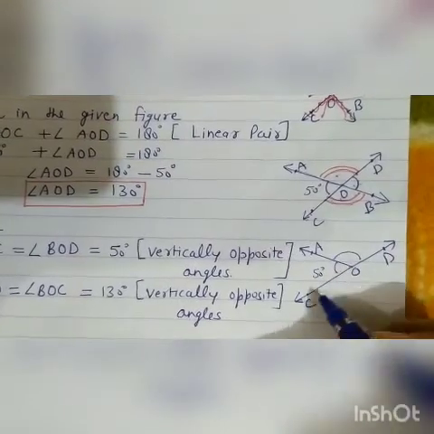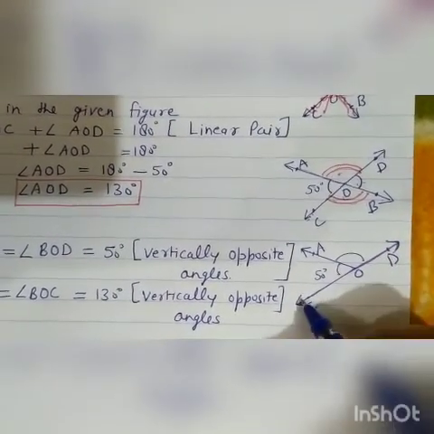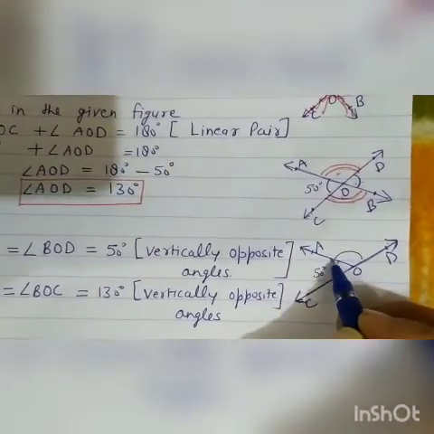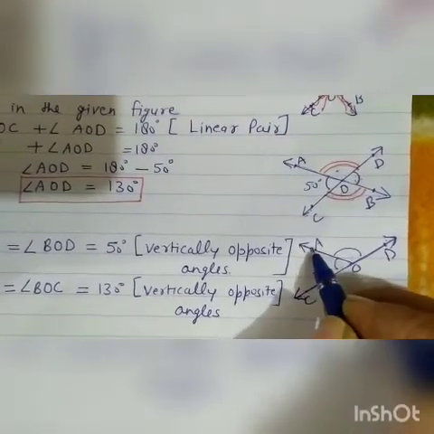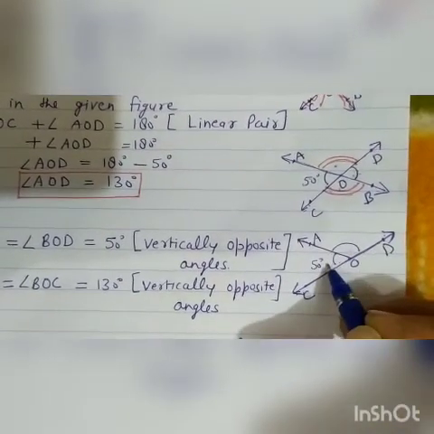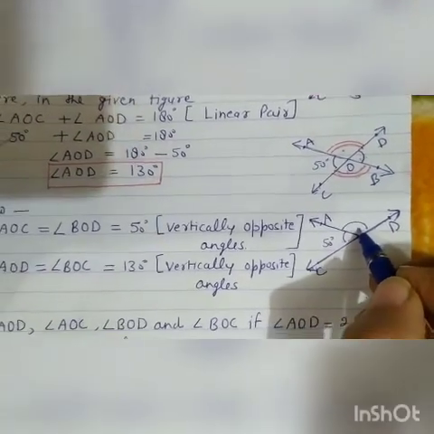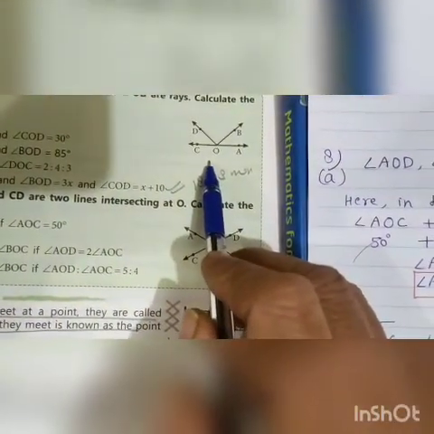If we see these two angles, this is a straight line. Straight line means 180 degree straight angle, and this angle is now divided into two parts, angle AOC and angle AOD. If we add these two angles, their sum should be 180, as I explained you in this question also.